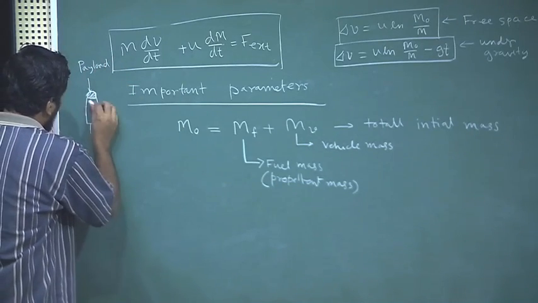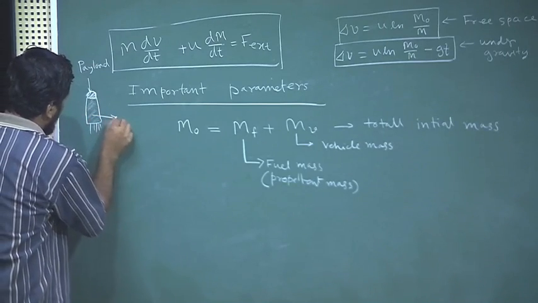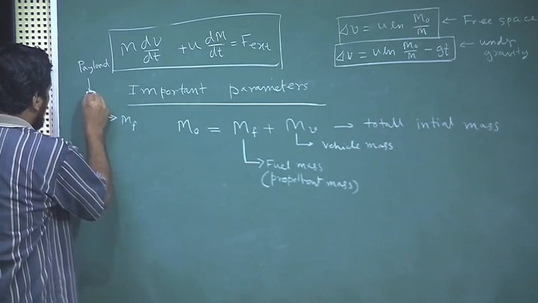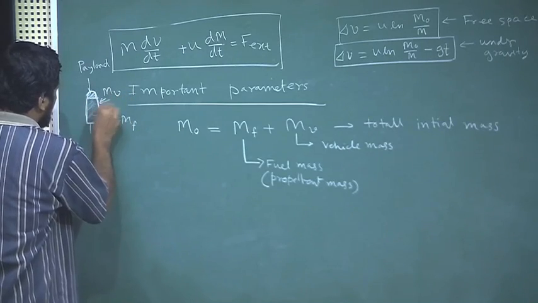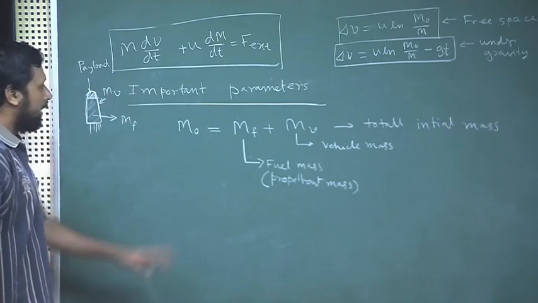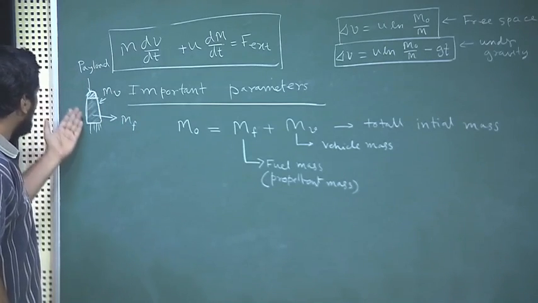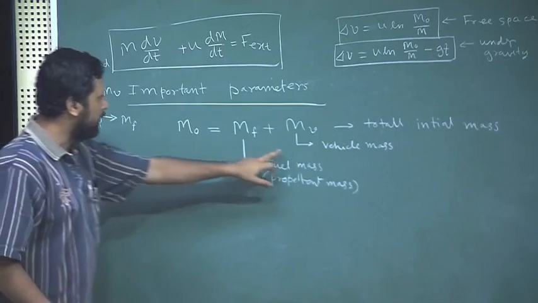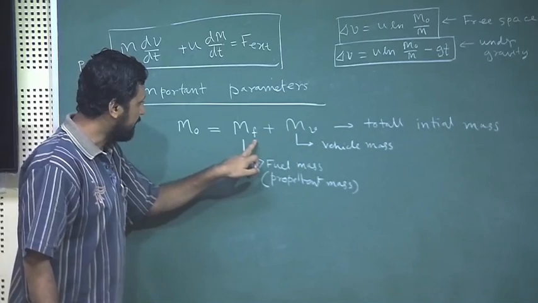There will be an empty rocket shell with fuel inside. This part is mf, and the empty rocket shell plus the payload is your mv. Right now we are not separating payload from the rest of the empty rocket shell. We are just considering the whole thing as vehicle mass mv, and the rest is the fuel mass mf.